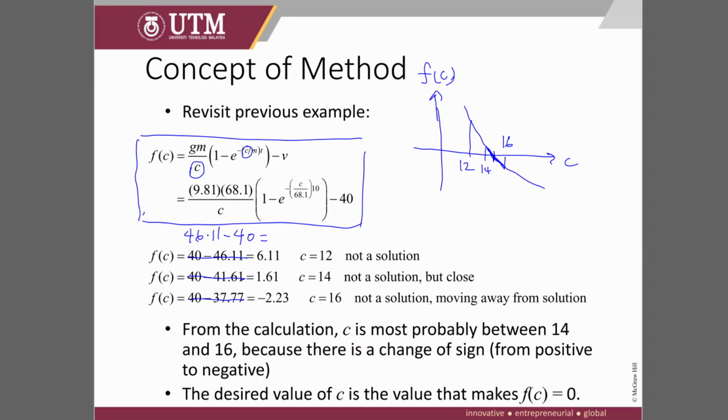So the equation is first order, which means it has only one root. So is it linear or non-linear? Look at this. We know that C is the denominator here, and C is the exponent for our E here.